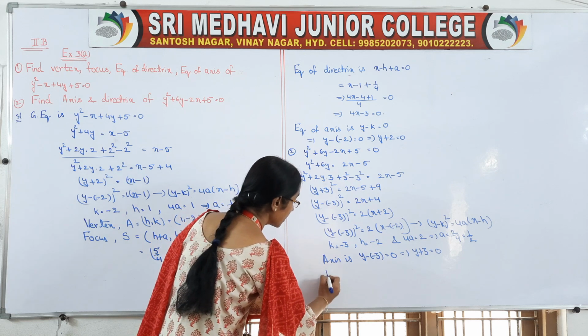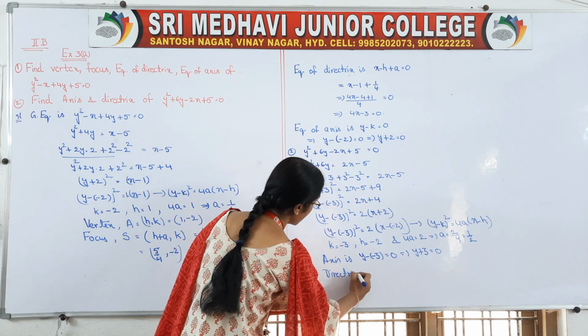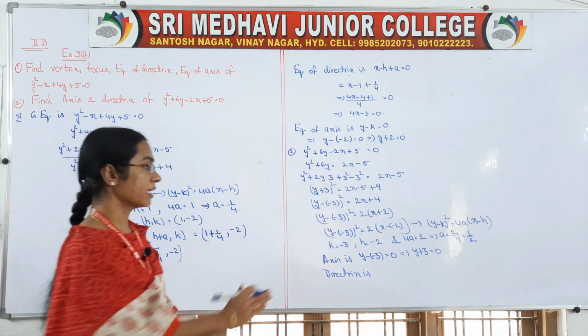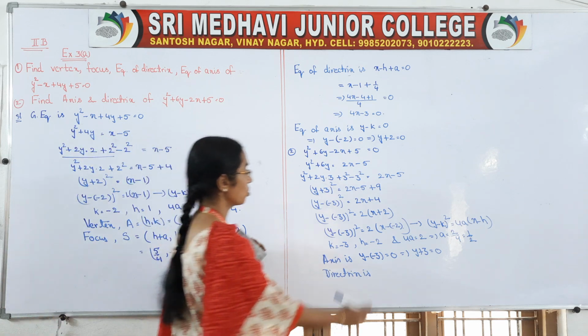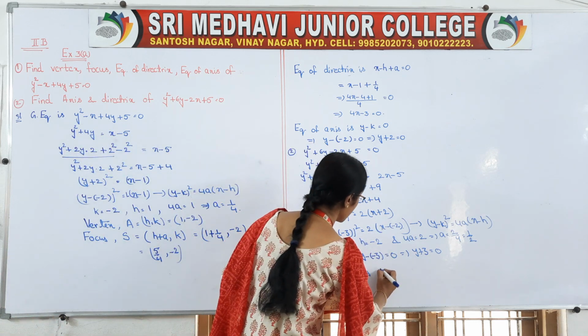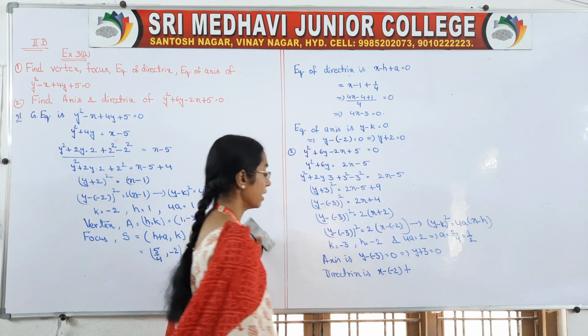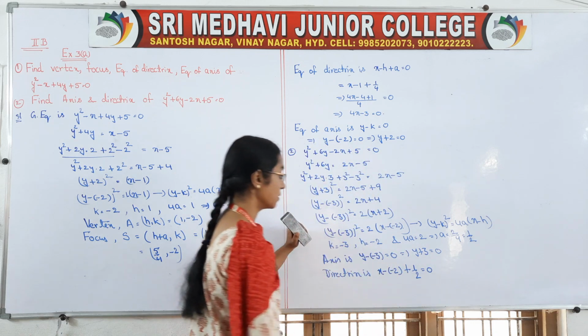And what is your directrix? We have to see the right side value. x minus h, if it is positive, plus a. So in that form we have x minus of minus 2 plus a, which is 1 by 2, is equal to 0.